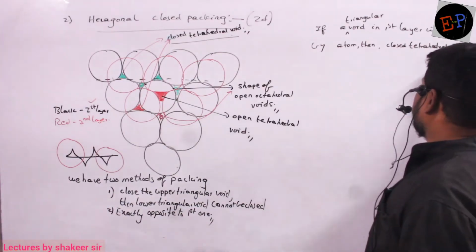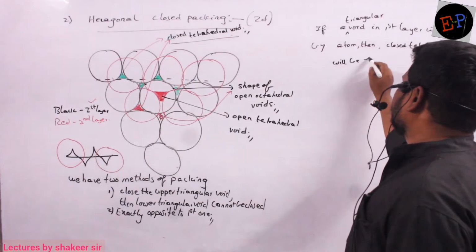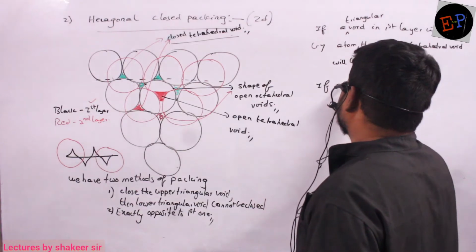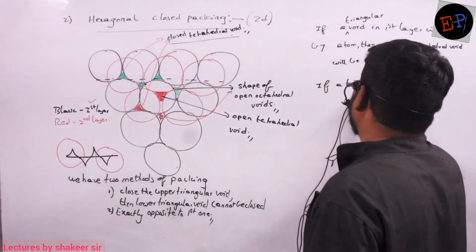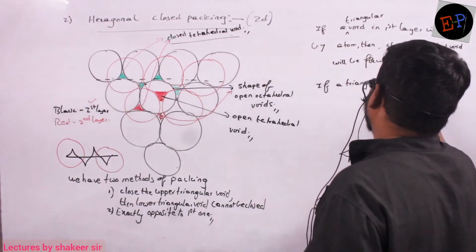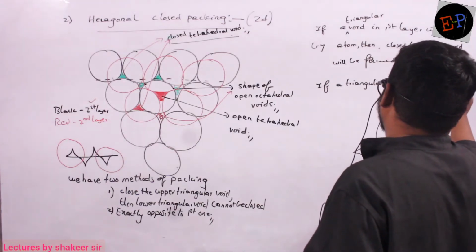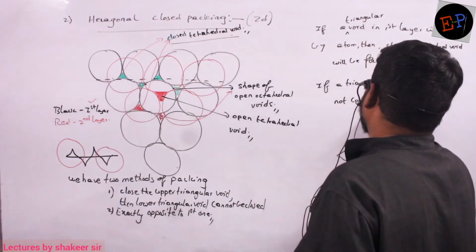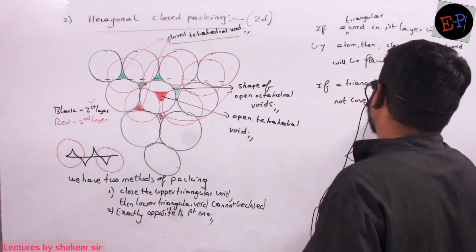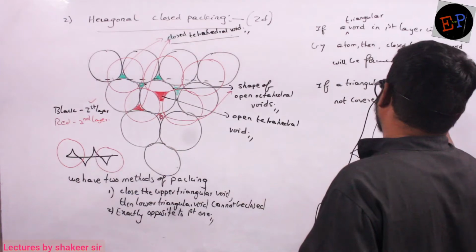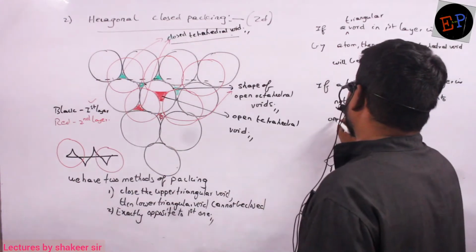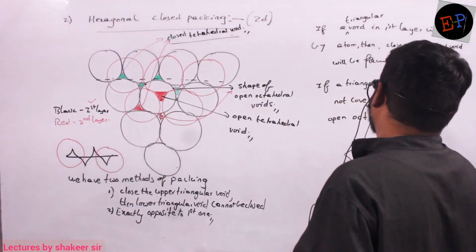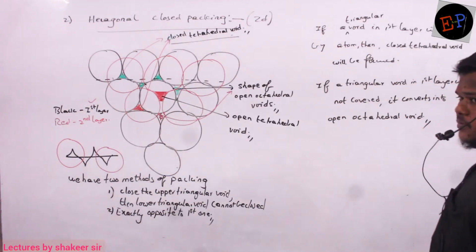Then if a triangular void in the first layer is not covered, it converts into an open octahedral void. Open octahedral void. Understood?